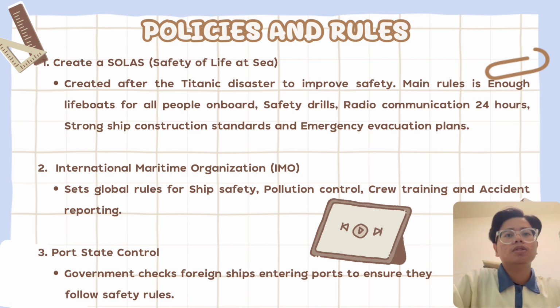The second one is the International Maritime Organization, IMO, which sets global rules for ship safety, pollution control, crew training, and accident reporting. The third one is Port State Control, where government checks foreign ships entering ports to ensure they follow safety rules.